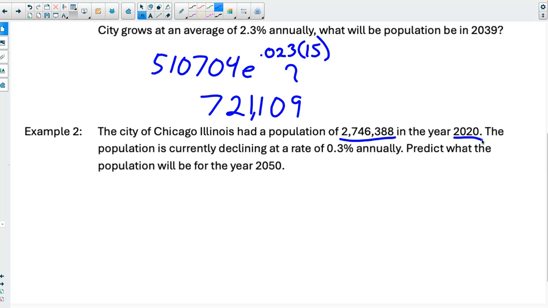The population is currently declining, and that's kind of hinting at what in your brain? Negative. Okay. So declining is going down, at a rate of 0.3%. So again, we're looking at population. We are looking at something that is continuously happening. It's always changing. We are going to use e for that.